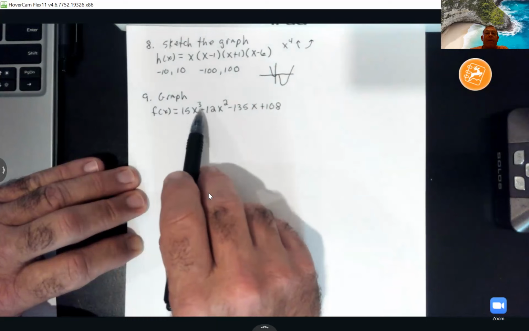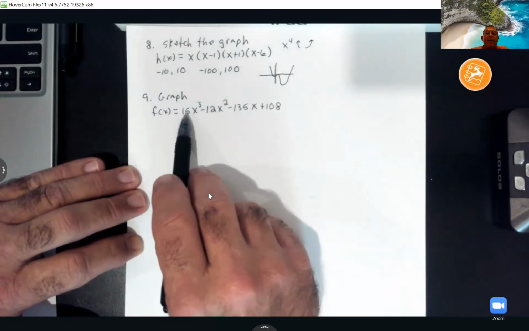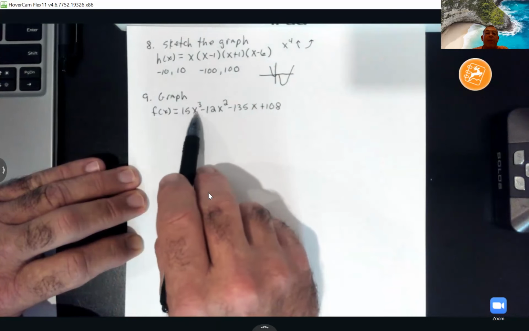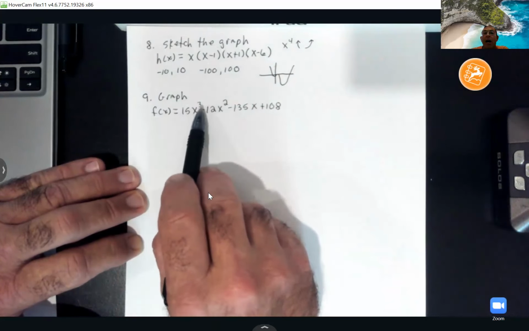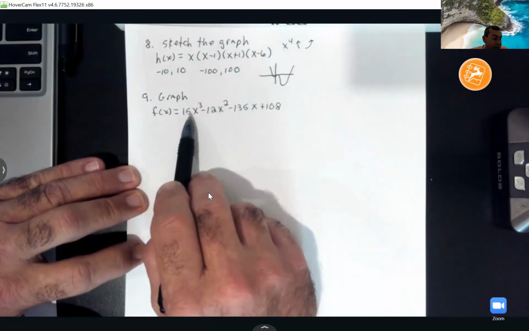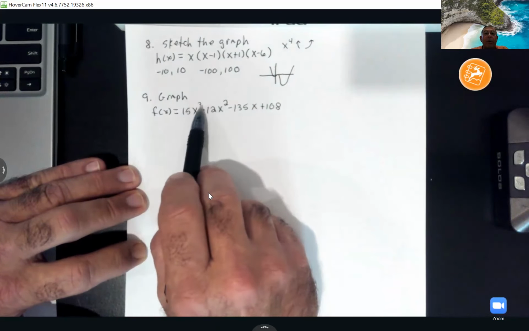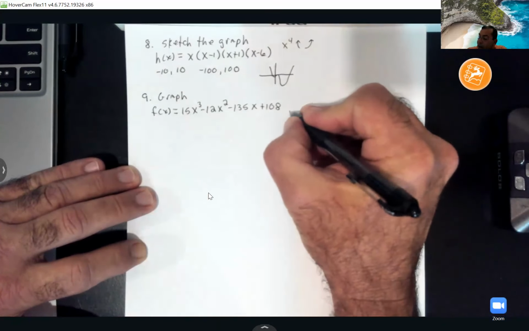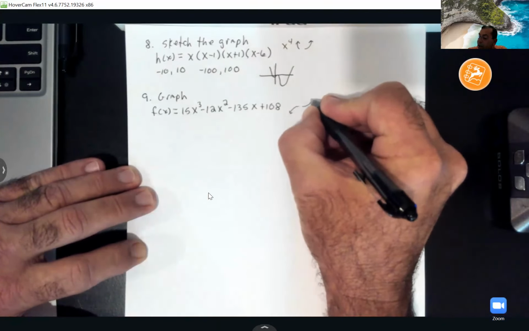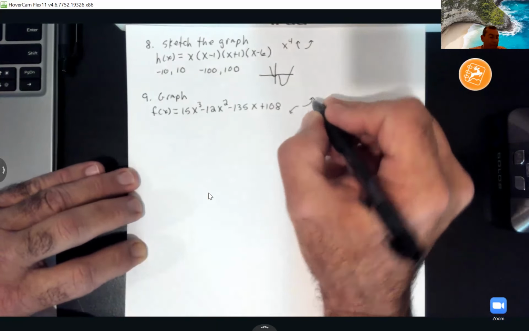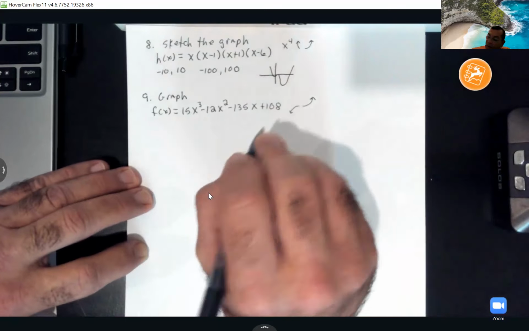Now, going by the leading term, I'm going to sort of figure out what the end behavior will look like. That's an odd degree with a positive lead coefficient. So when it's odd with a positive lead coefficient, it should go uphill left to right, okay? Now, we're about to graph this one.